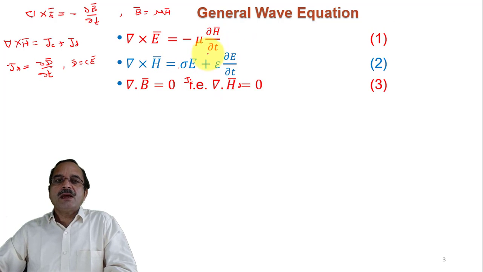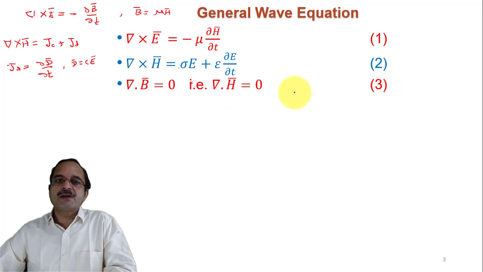We have seen earlier that magnetic field lines always exist in the form of loops, or in other words, magnetic monopoles do not exist. Based on that, we have written earlier that divergence of B is equal to 0. Since B is equal to mu H, we can say divergence of H is equal to 0.